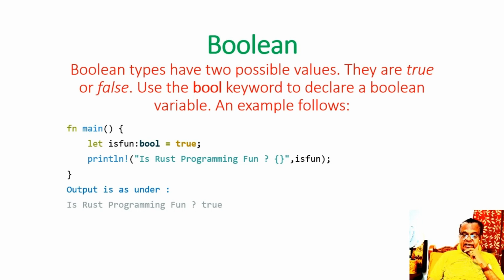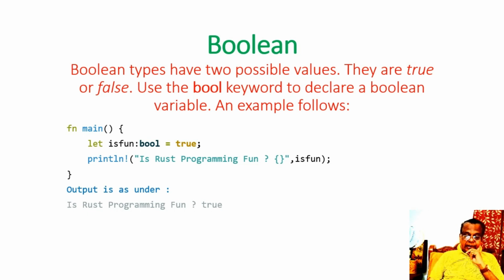We are initializing it with true. So the Boolean variable named is fun of type bool is now initialized with true. That's it: let is fun colon bool is equal to true semicolon. You know there should be a semicolon after every program statement in Rust.